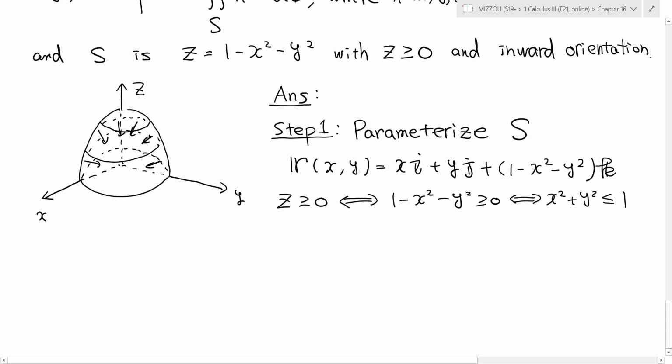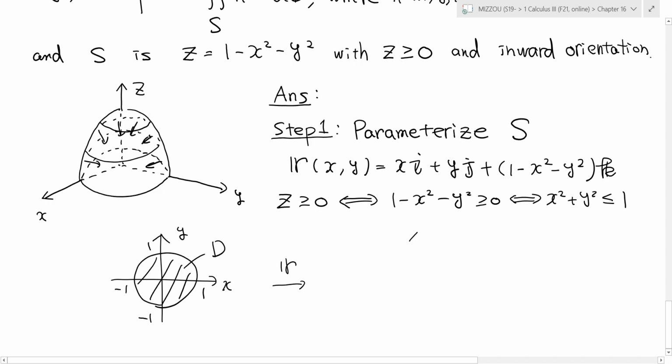More pictorially, we have the xy plane and the domain D, a disk with radius 1, and by the parameterization r, we get this portion of the paraboloid.